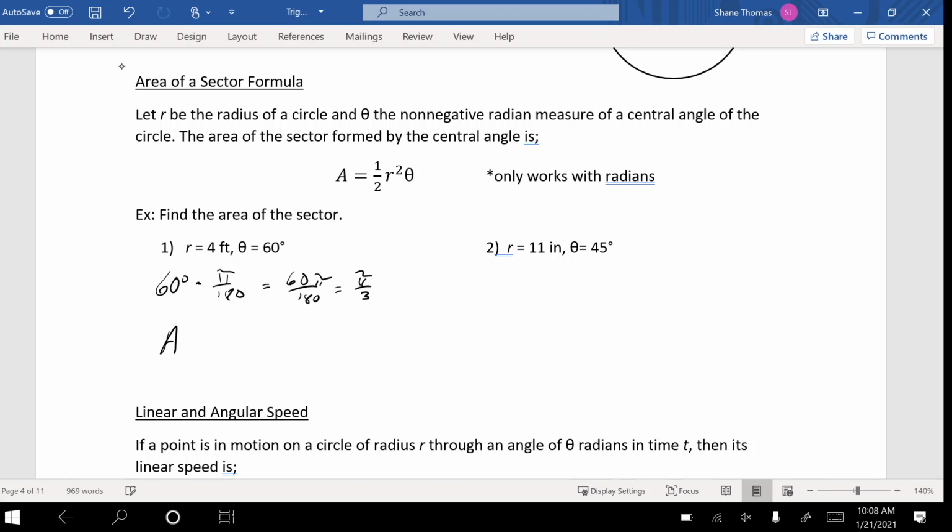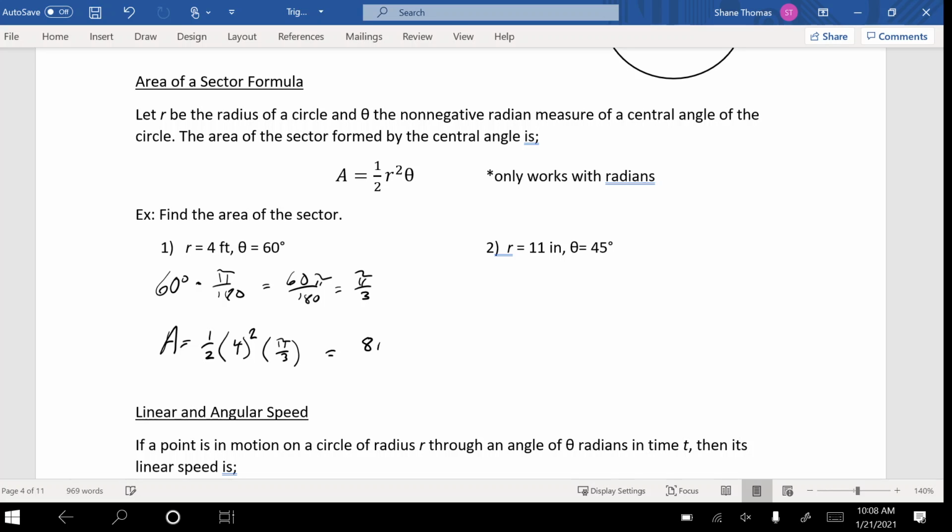So then if I want to find the area, just plug in what I have. 1/2 the radius squared. Okay, the radius is 4 squared times pi over 3. All right, so 4 squared is 16 times 1/2 is going to be 8.